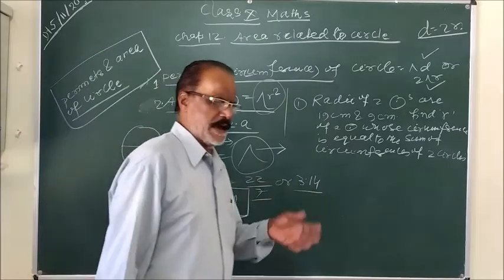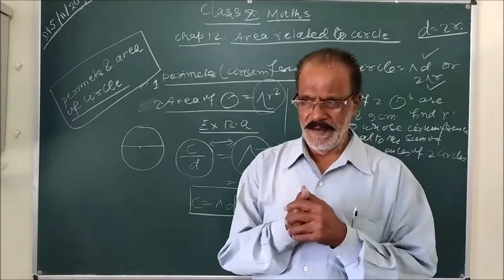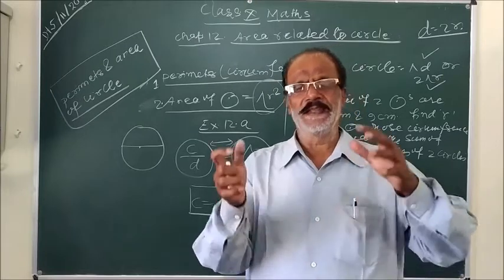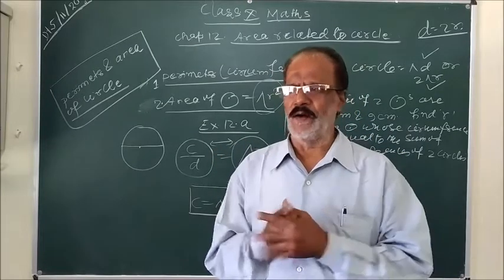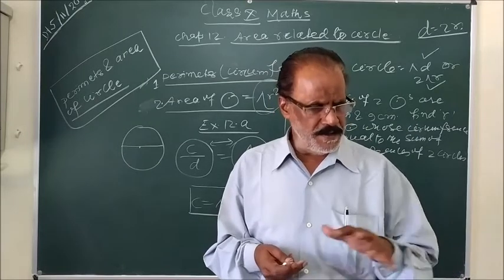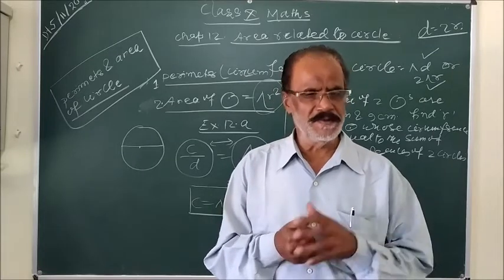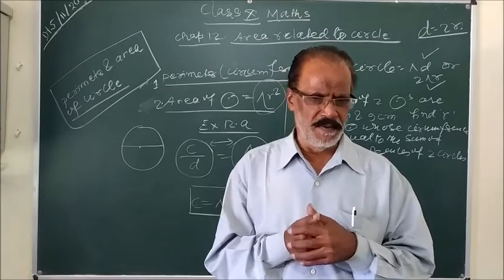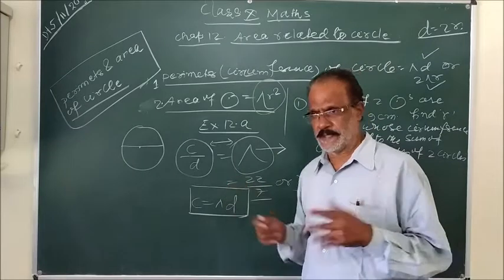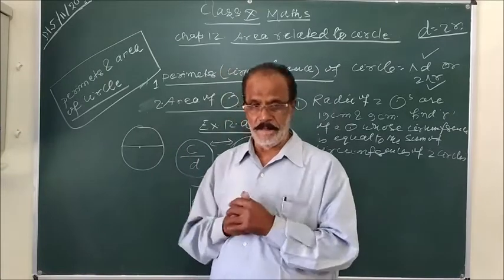But you should understand the difference between perimeter and area. Area is the amount of region enclosed by any figure, be it a triangle, rectangle, parallelogram or circle. That amount is called area.